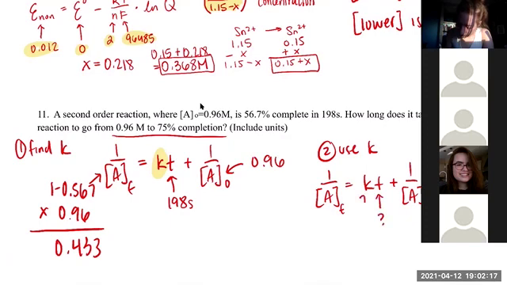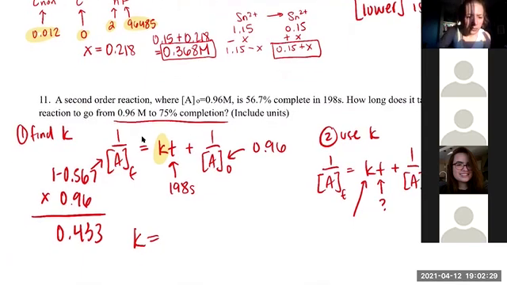We don't know what the time is. We know what our rate constant is because we solved for it over here and got, I guess I didn't write it down. Okay, I'll solve for it quickly.